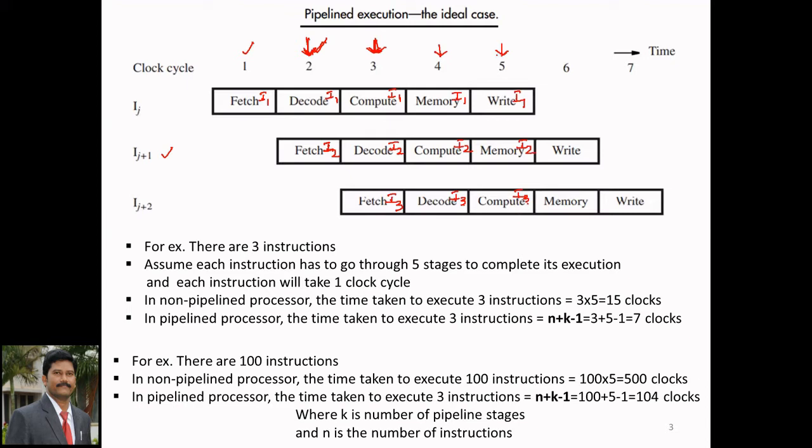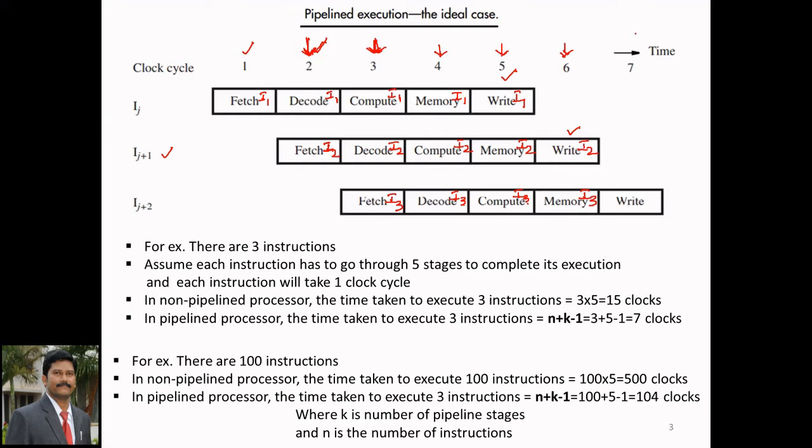If you observe, at clock cycle 5, I1 is completed. Then at clock cycle 6, I2 reaches the write stage, because the write operation is free, and I3 is given to the effective address unit. At clock cycle 6, I2 is completed.